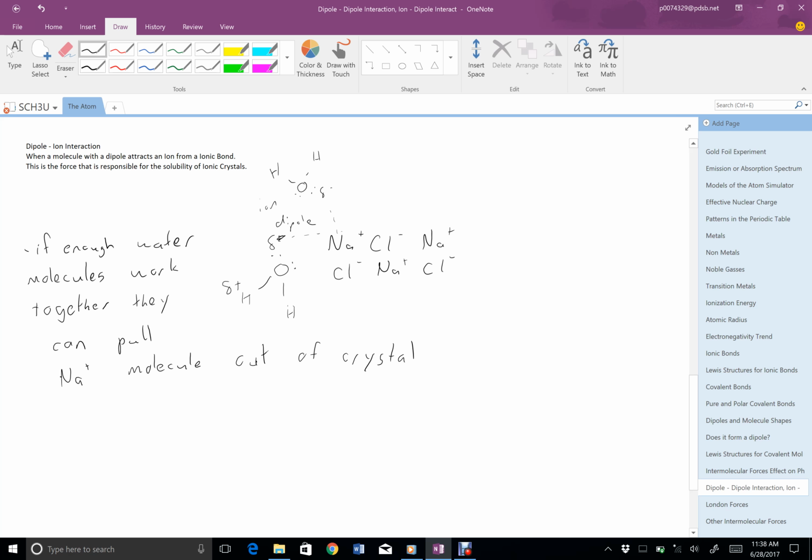And what that leads to then is the crystal dissolving. So that's how the ion-dipole interaction can be responsible for the solubility of an ionic crystal in a substance like water.